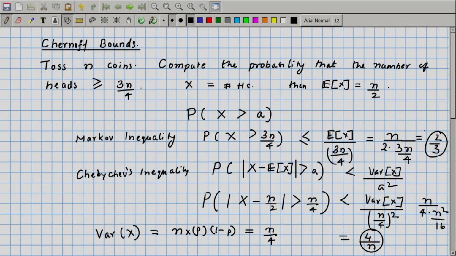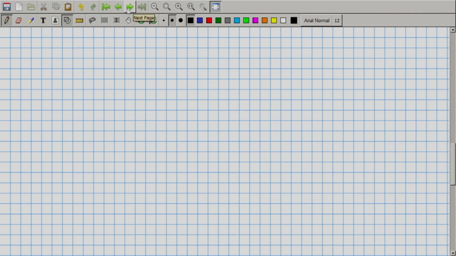So, 1 in 250,000 chance, whereas the earlier bound would have told us 2 by 3. So, Chebyshev's inequality is already a much better bound than Markov inequality. We will try to get a significantly better bound than both of these bounds, and that is what we will look at in this class.